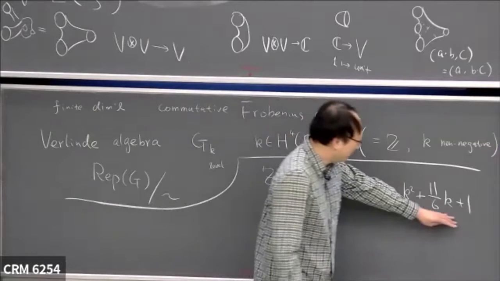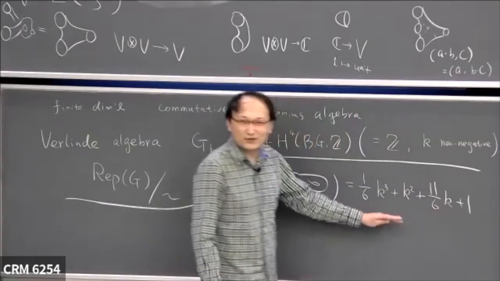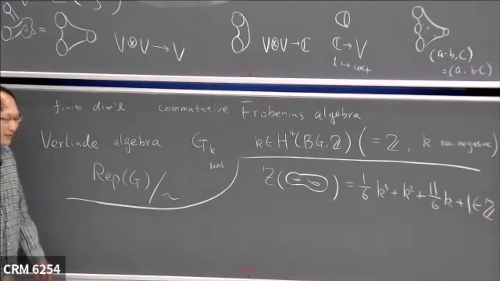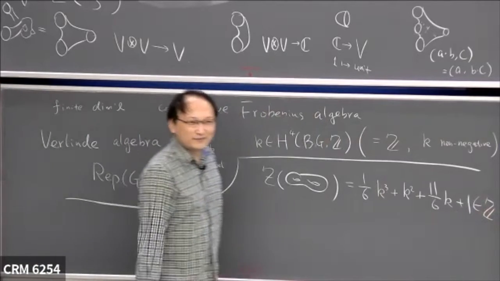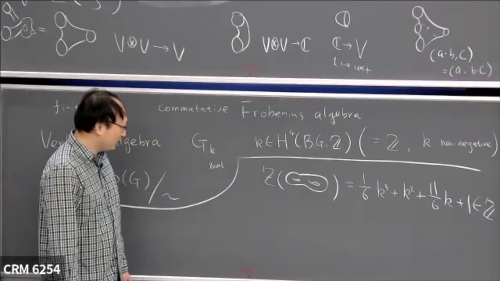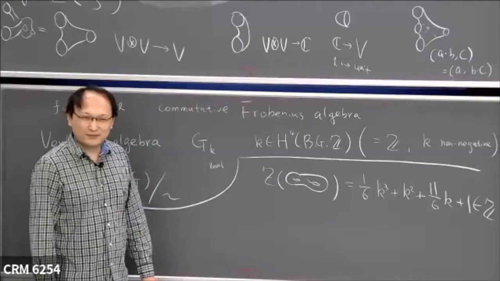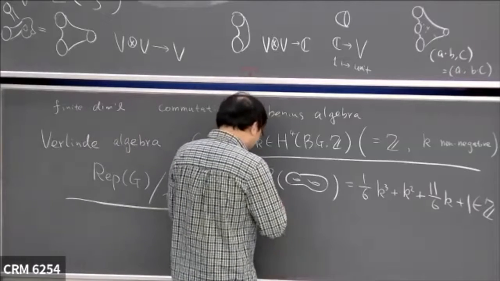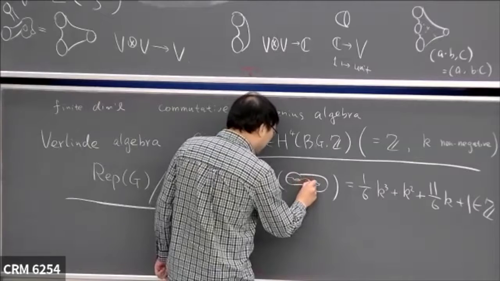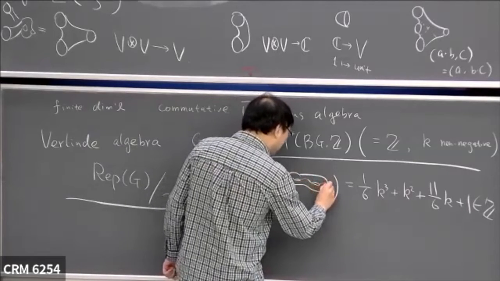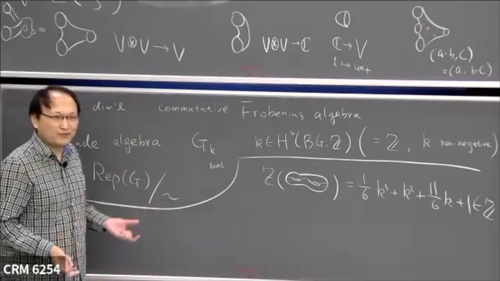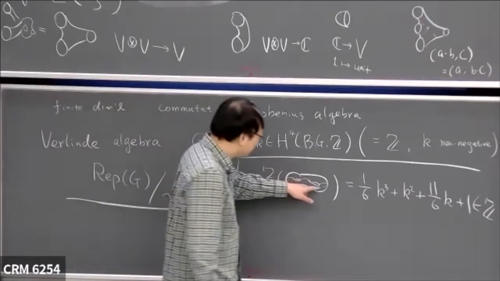So believe it or not, this is actually going to be an integer. And since it's an integer, you can ask, is it counting something? There's a quick way to find the answer to this problem by decomposing this genus 2 Riemann surface into two pairs of pants.